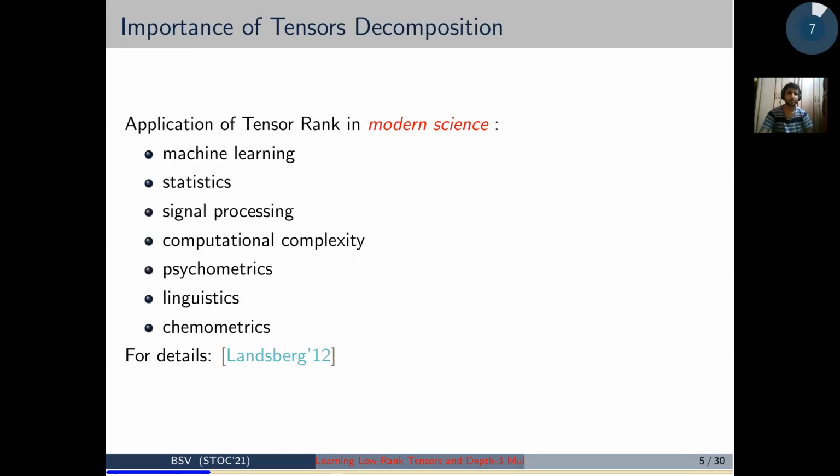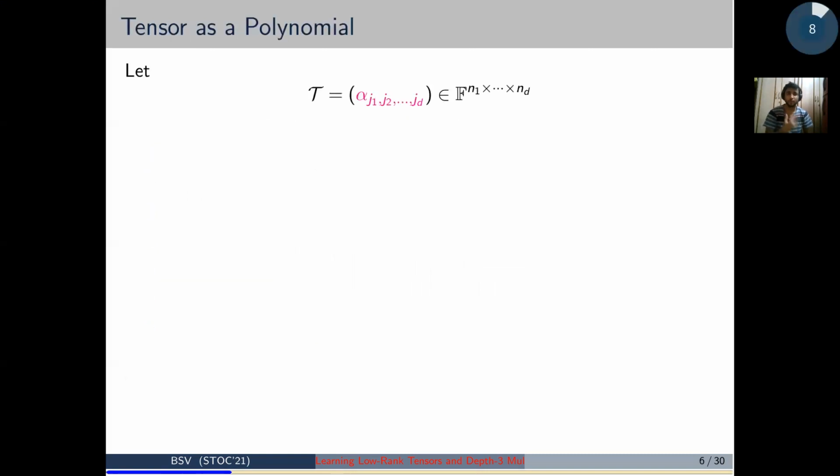The notion of tensor decomposition as well as tensor rank have found enormous applications, not just in computer science, but in modern science. Here are a few of them, and an interested reader can look up this survey by Landsberg. What we'll be focusing on in this talk is looking at a tensor as a polynomial. If I give you a tensor, let me define a polynomial out of it.